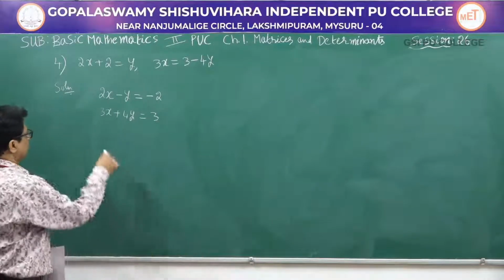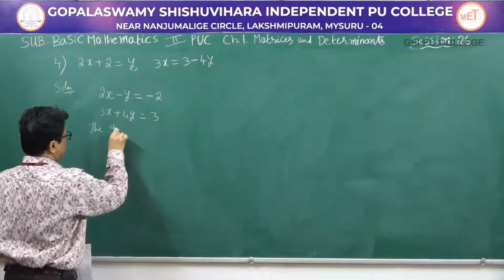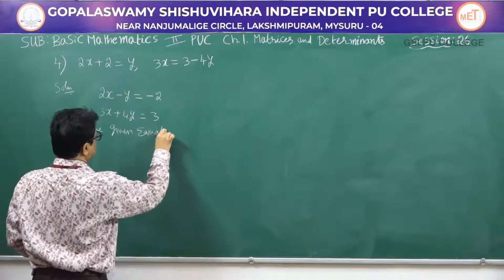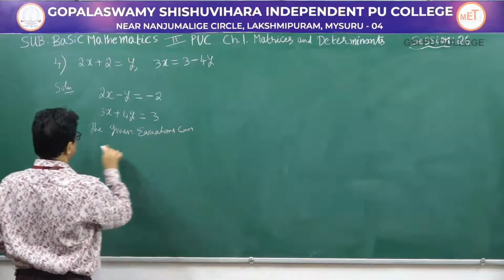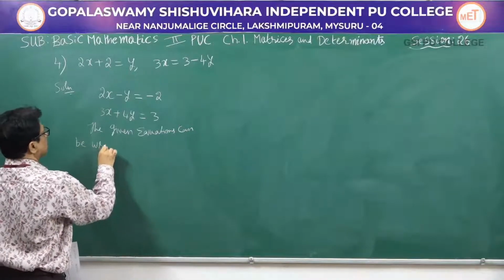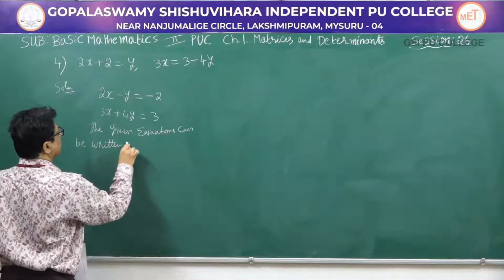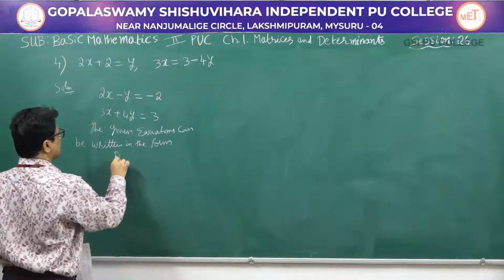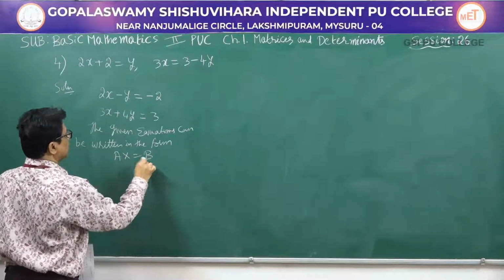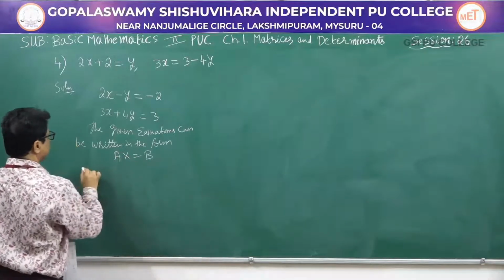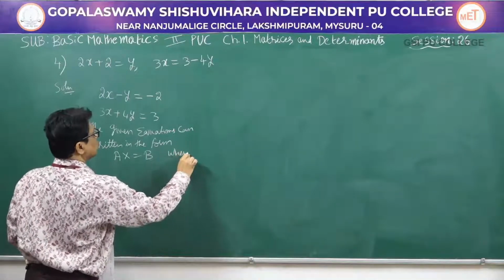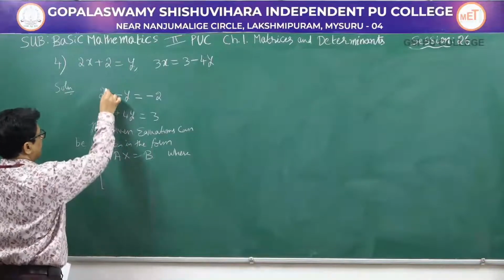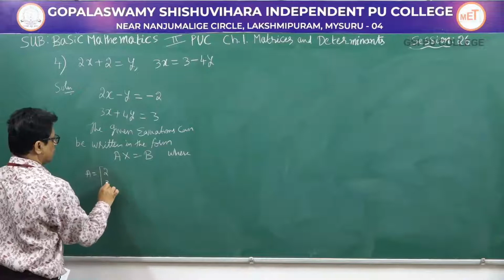The given equations can be written in the form Ax is equal to B, where A is equal to, first we write the coefficient of x, that is 2, 3.